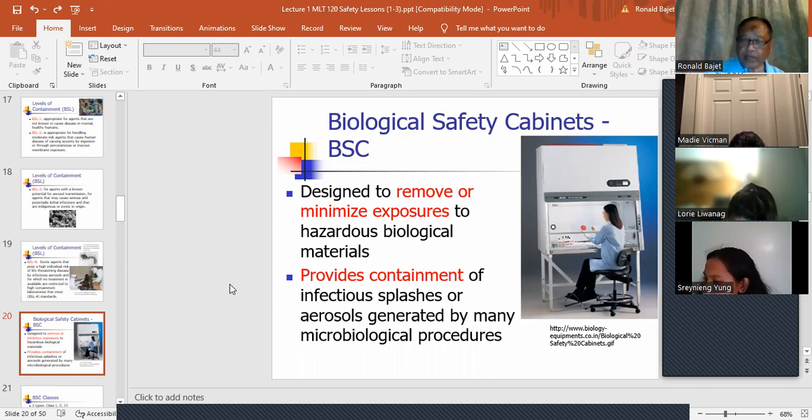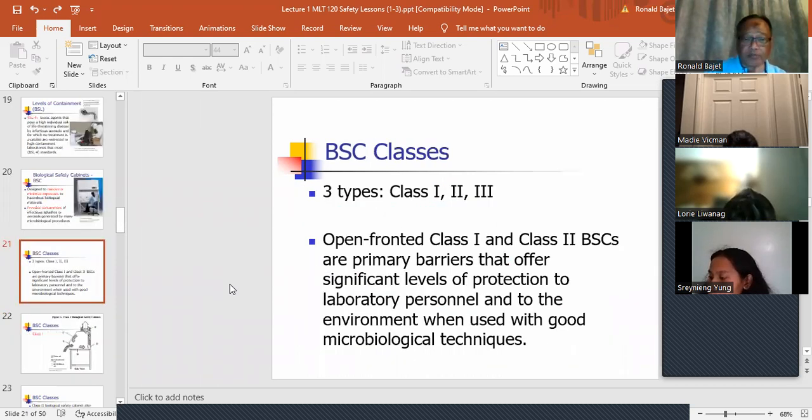As that young lady over there is processing a sample, there's no air blowing in her direction, but it's being vented out or going through a HEPA filter. So one of the purposes of the biological safety cabinet is to provide containment and also to remove or minimize exposure. BSL has 4 levels.